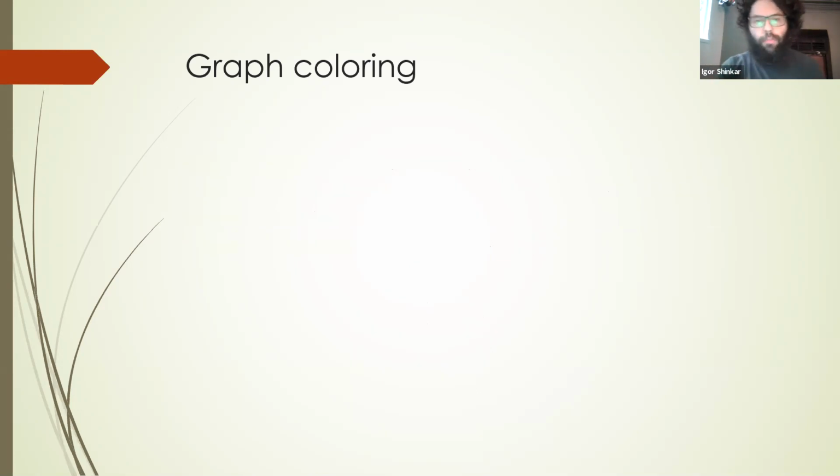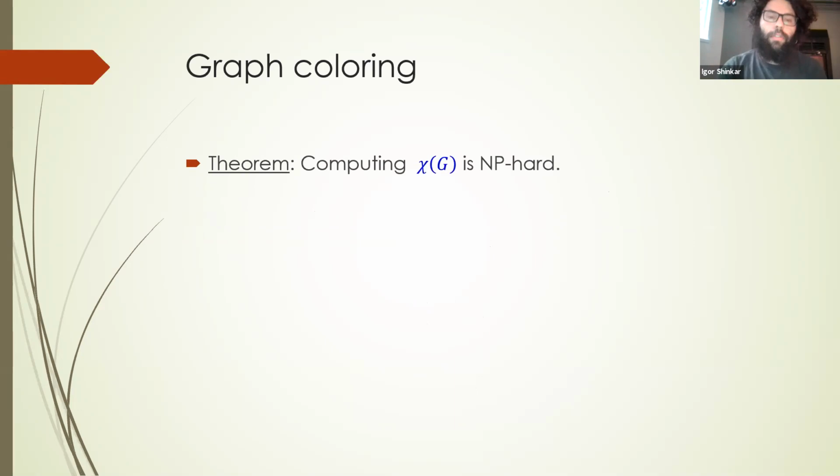That's the chromatic number. Here's a theorem. In general, this problem is NP-hard. What does it mean? It means that for every polynomial time algorithm, there are graphs on which it does not compute the chromatic number correctly.